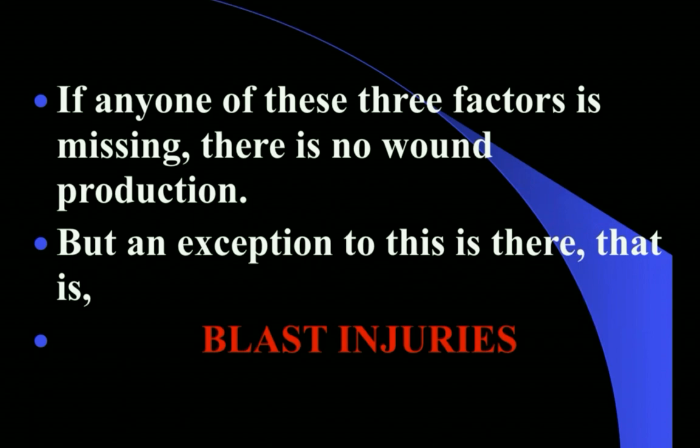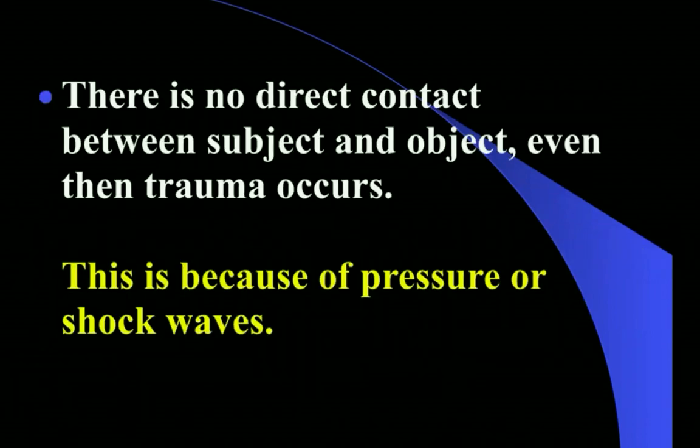So this is an exception to the factors which we are discussing, because there is no direct contact between the subject and the object, and even then the trauma occurs. This is because of the pressure waves, the shock waves of the blast, which cause trauma.